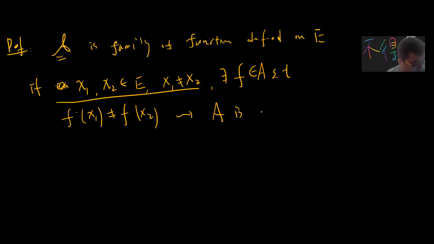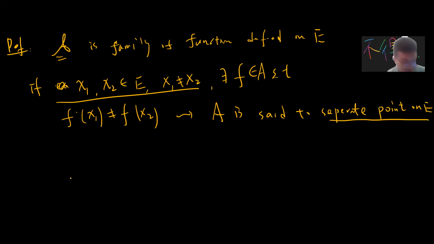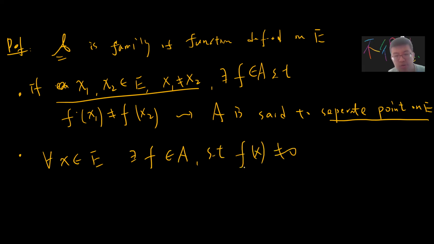So A is said to separate points on E. This is definition 1. And the second definition is also simple. If for each x in E, there exists f in A such that f(x) is non-zero, this is all simple, right? It just says that for each point, you can find a function that is non-zero there.